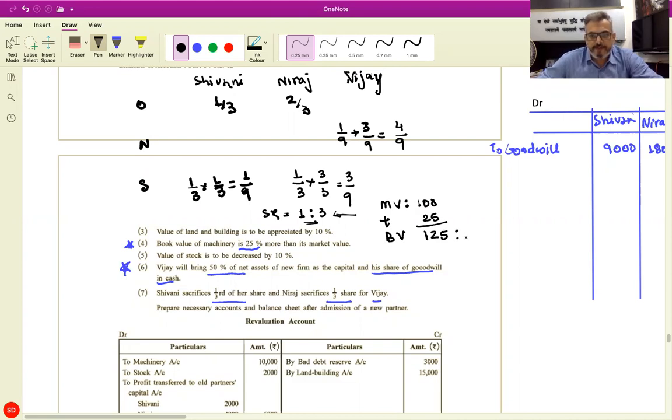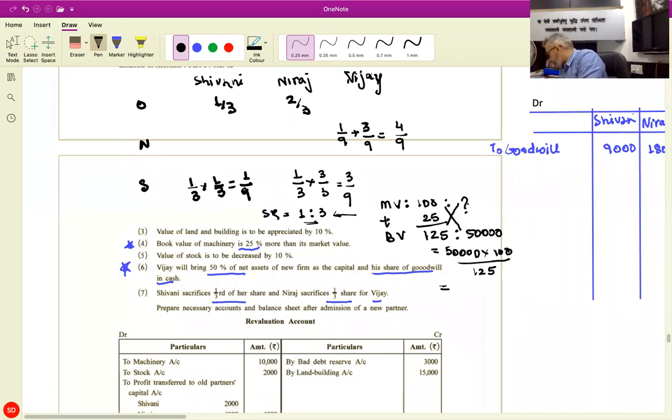So against 125 the value of our machinery is 50,000. So against 100, how much should we find? Cross multiply, which comes to 50,000 into 100 divided by 125, which comes to 40,000. So now we have to decrease the value of machinery by 40,000.